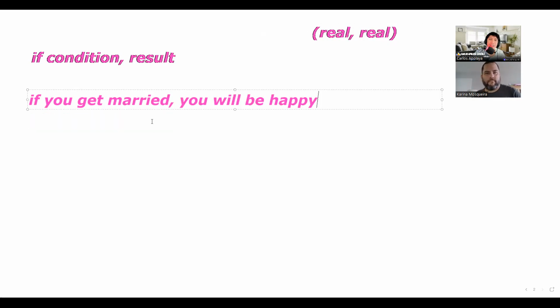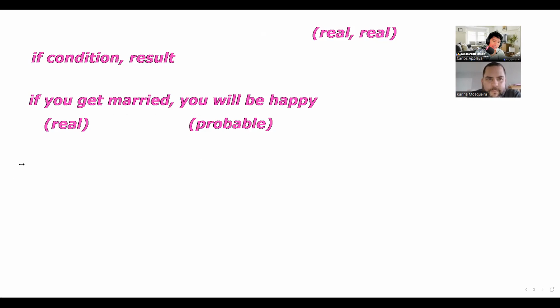If you get married, this is a condition. This is a real condition, right? Because you can get married. But are you sure that you will be happy? No, not sure. You expect to be happy, but you are not sure. So this is going to be probable.